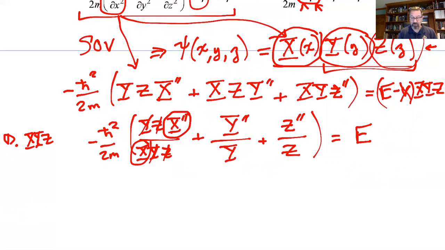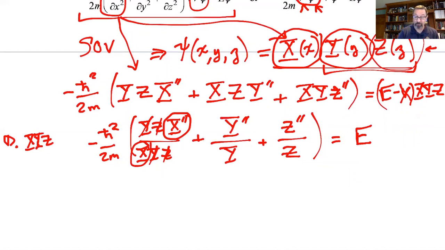If each individual one of these terms was equal to a constant itself, well, then I could probably somehow add those constants up and have them be the total energy. Okay. That's a kind of a profound statement that I'm making without proof, but in partial differential equation world where we are right now, you have to accept it.